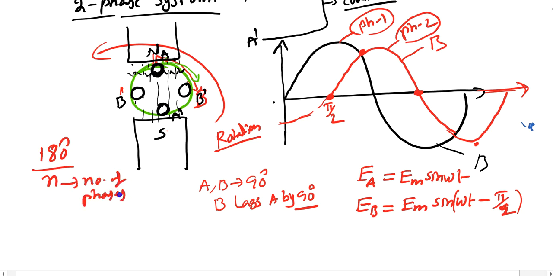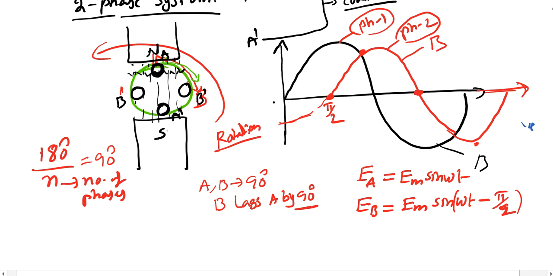That is nothing but the displacement. For two phases, 180 by 2, it is 90 degrees displacement between the two phases. If it is 3 phase, then 180 by 3, it is 60 degrees. So this is how you can show the difference between these concepts.